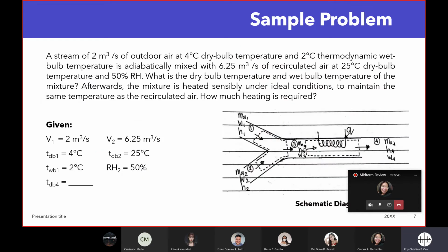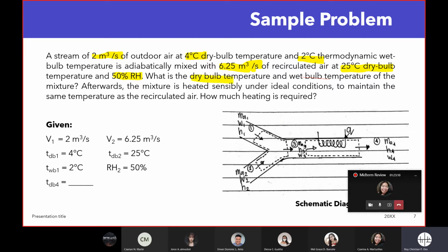So let's apply what we have learned through a sample problem. A stream of 2 meter cube per second of outside air at 4 degrees Celsius dry bulb temperature and 2 degrees Celsius thermodynamic wet bulb temperature is adiabatically mixed with 6.25 meter cube per second of recirculated air at 25 degrees dry bulb temperature and 50% relative humidity.